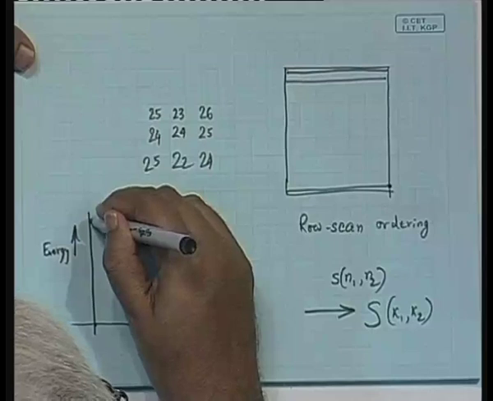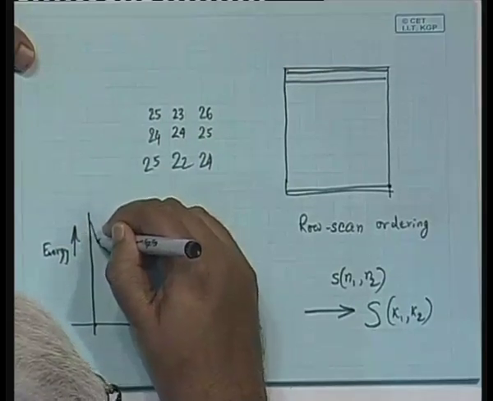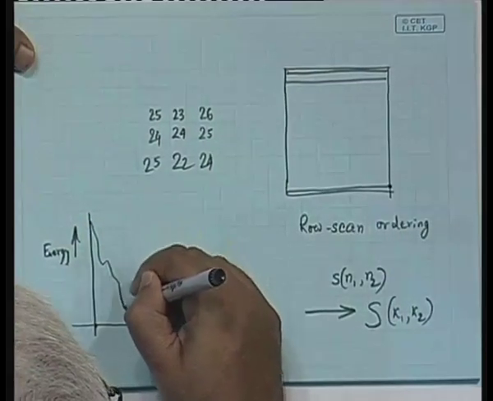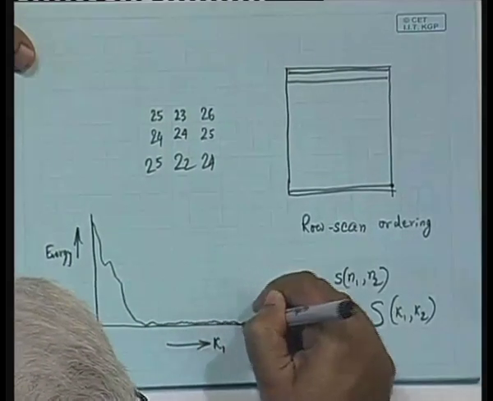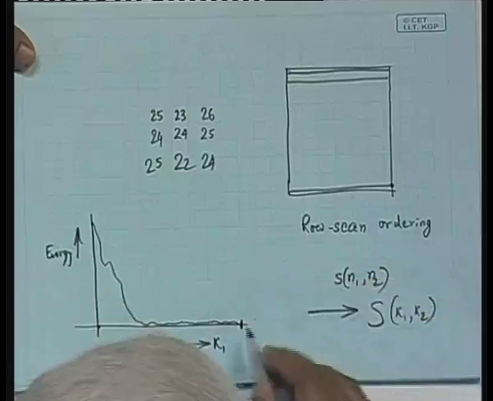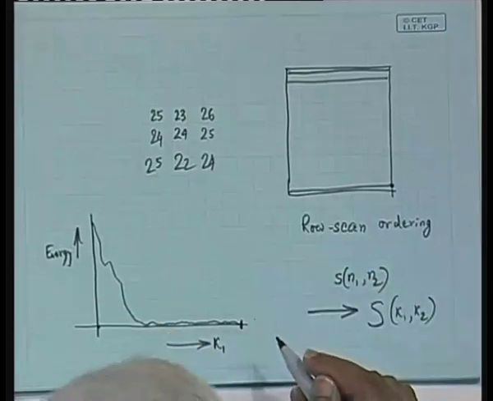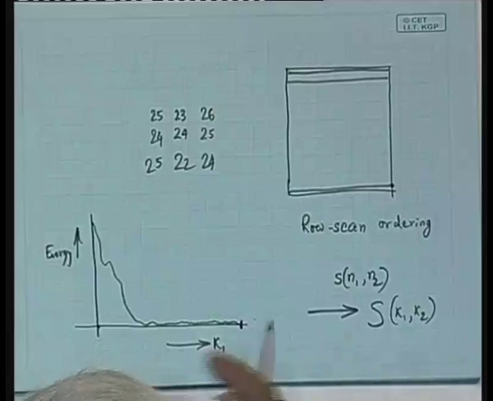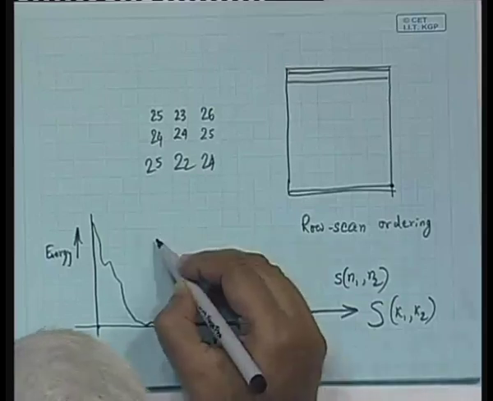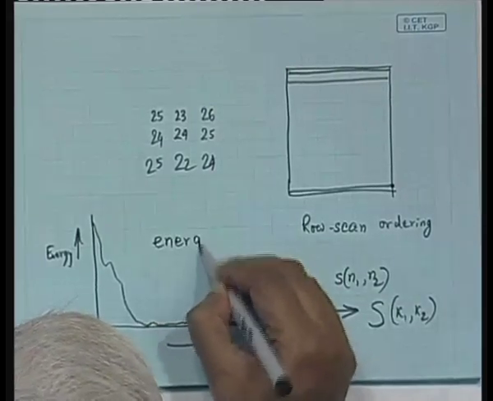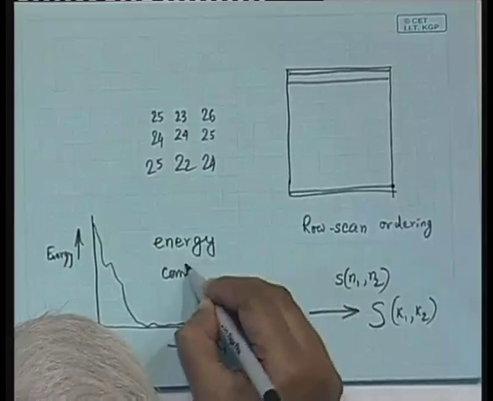So, if we find that the DC value is quite high, and if the spectrum is something like this, say this is the last k1 value, in that case, what is the conclusion that we can draw from this energy spectrum? Okay, that there is what is called as energy compaction.